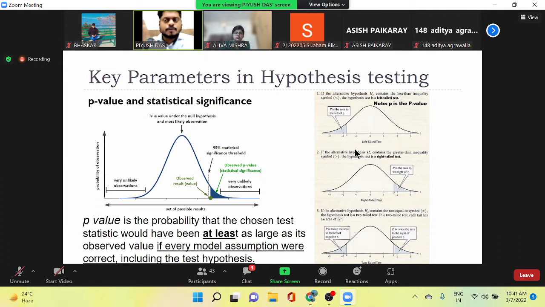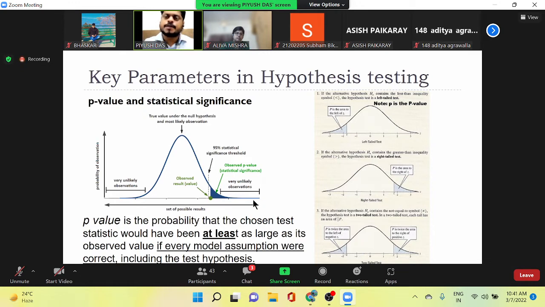Whatever data you collect. Here I collected data and got an average height of 6.4 inch. If I believe that my null hypothesis is true, that means the average height is less than or equal to 5.8 inch, what is the probability of getting a value as large as or greater than 6.4 inch?